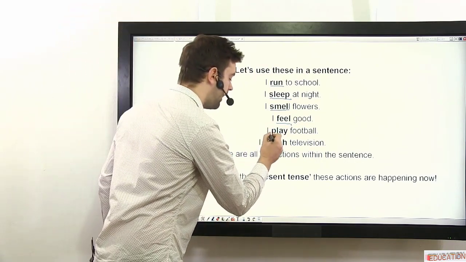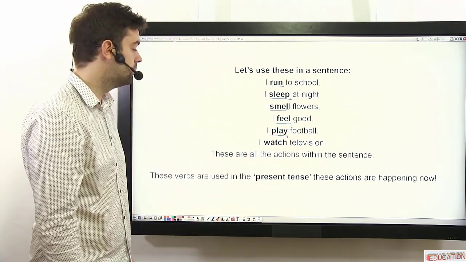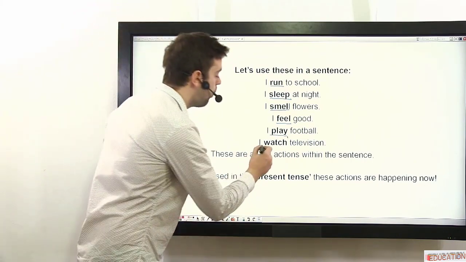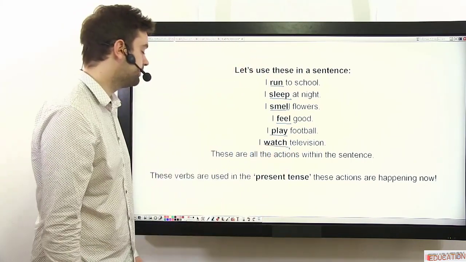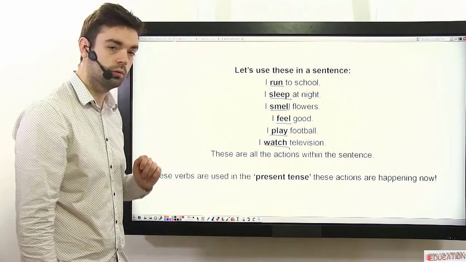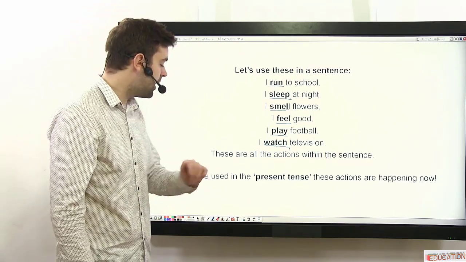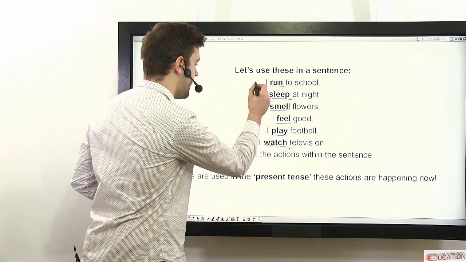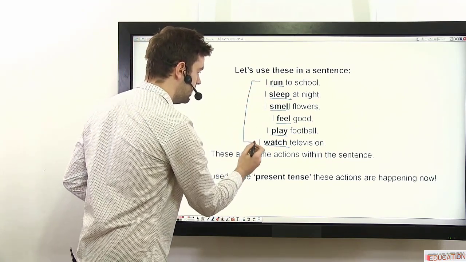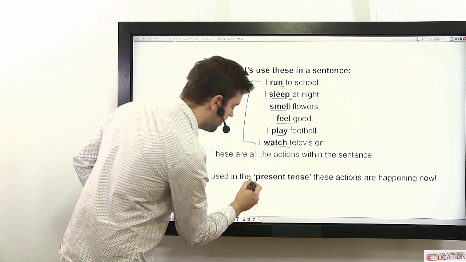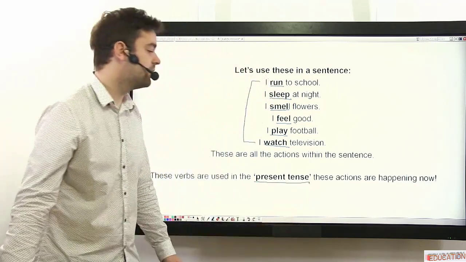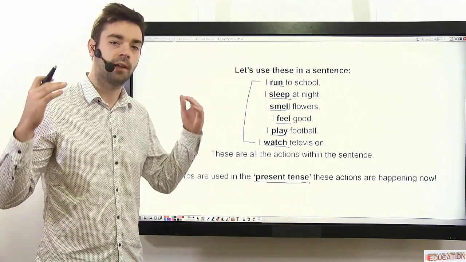I play football. And I watch television. These are all the actions within the sentence. And these verbs are used right here. All these verbs are used in the present tense. So these actions are happening now.